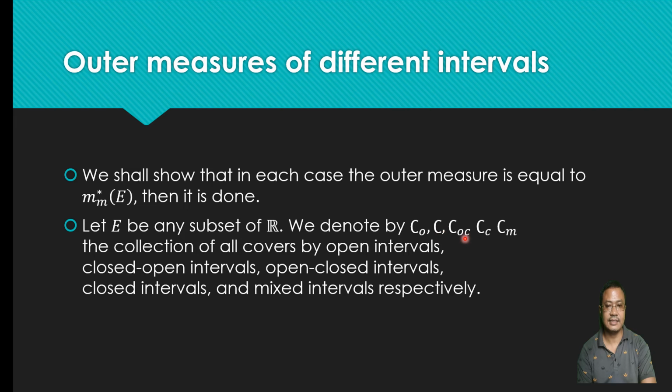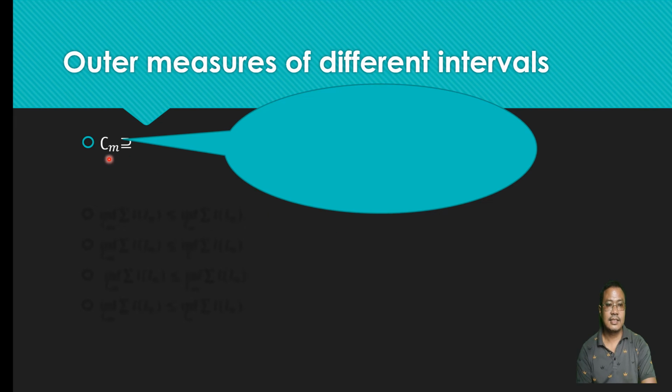Okay, so CM is the collection of all covers by mixed intervals. So the collection of covers by open intervals will also be a member of here, because it is mixed, so it can include this type of collection also, because it is a collection of all kinds of intervals.